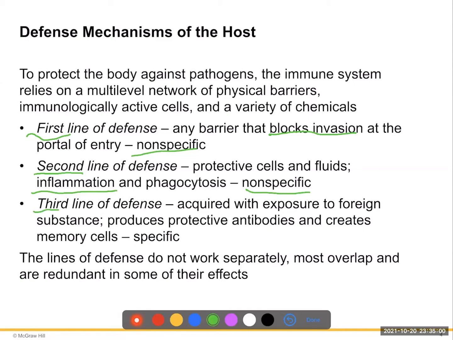Then the third line of defense is acquired with exposure to foreign substances, produces antibodies and creates memory cells that are specific to that certain pathogen, to that certain microbe that's invading your body. So it's your first, second, and third lines of defense. They don't work separately, they work together. They overlap and are redundant in some of their efforts. It's not like a sharp dividing line between the three.